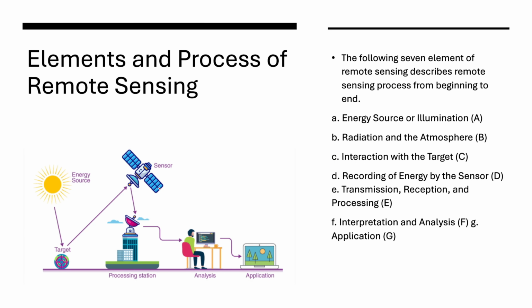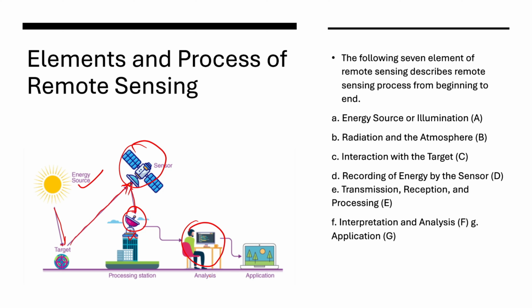Here I make a clear picture. This is the sun, and the energy goes from the sun to the target. Then the target reflects the energy, and the sensor measures the amount of energy reflected from the target. Then it sends the information to the ground receiving station, and this station receives and processes the signals.